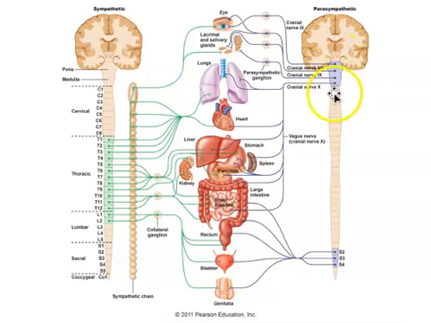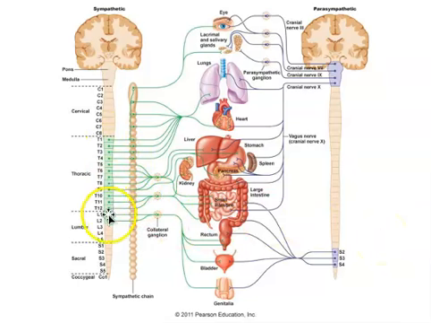Now, compare that with the parasympathetic side, which is going to have its preganglionic neuron cell body in either the brain stem or the sacral region of the spinal cord. So that's what you're looking at in these blue-purple regions. The preganglionic neuron cell body is located either in the brainstem, and remember we said specifically midbrain, pons, and medulla oblongata, or down in the sacral region of the spinal cord, specifically S2 to S4.